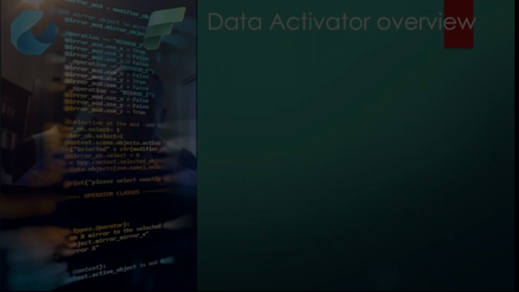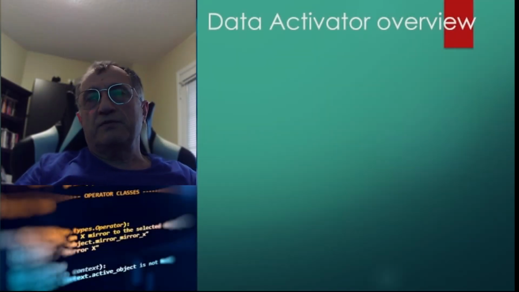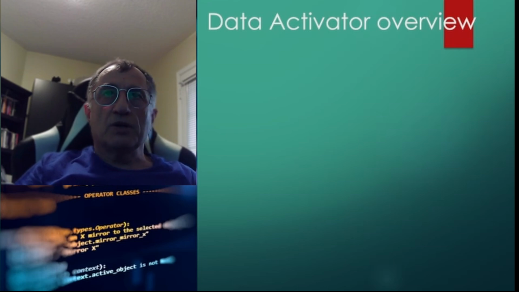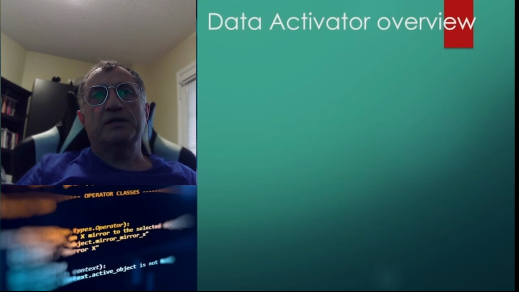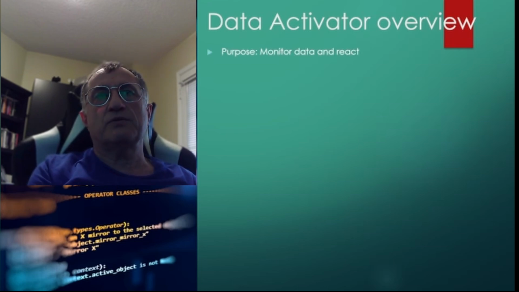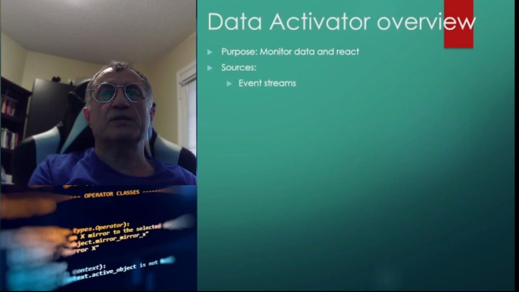Let's get started. So what is Data Activator? Data Activator is a service from Microsoft Fabric which allows you to monitor and react to different conditions. So you can monitor sources like event streams.